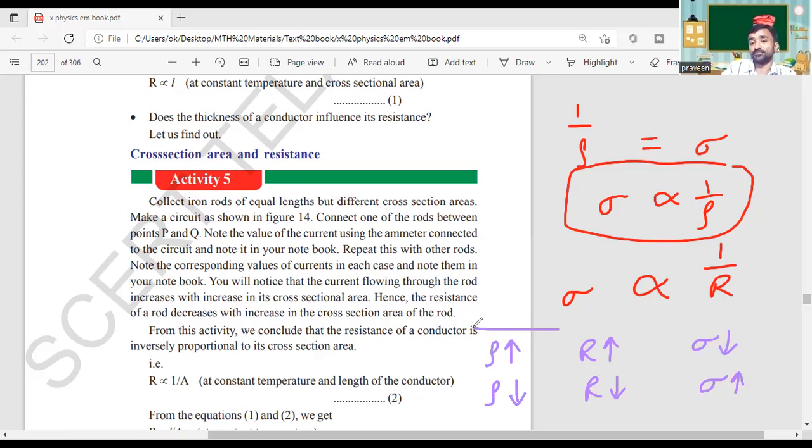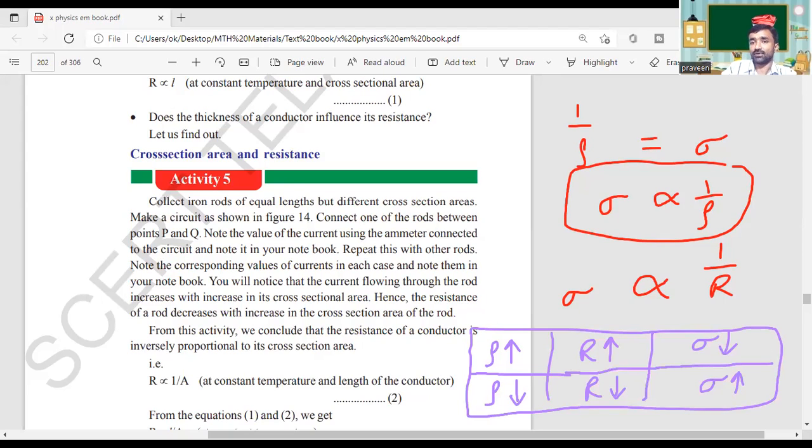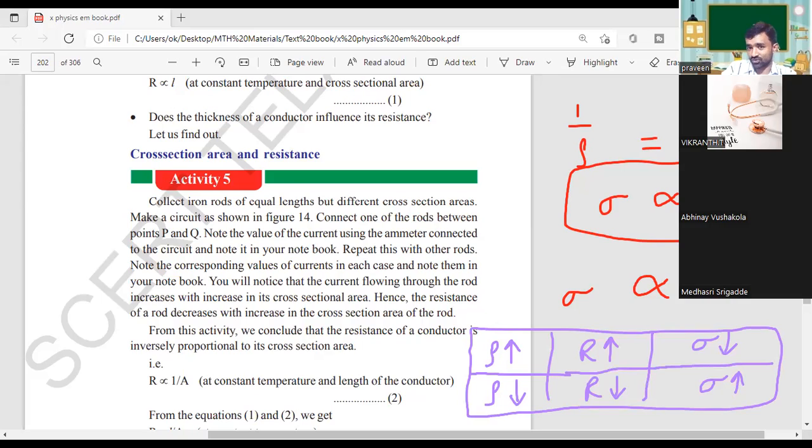See here. Have you got a clear picture about this? Use your quick reaction. Conductivity-resistance relation, resistance-resistivity relation. I gave it to you as a simple table. Is it clear, everyone?